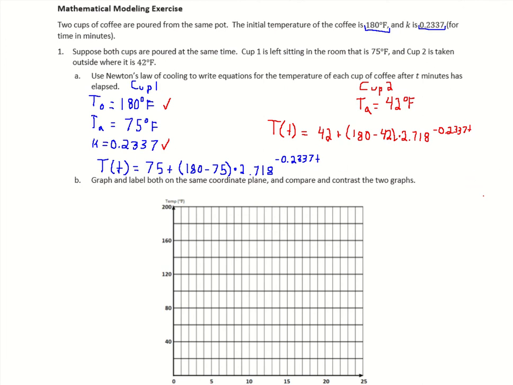What we would do now with our two equations is take these and graph them. Again, if you do not have a graphing calculator, you can always go to Desmos and it'll help show it off. I'm going to do a sketch of what our graph is going to look like.